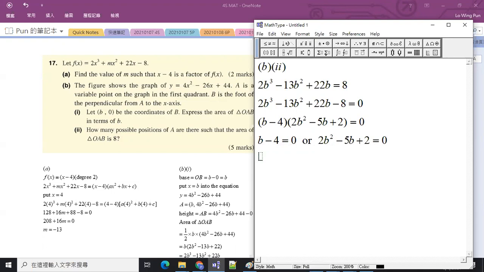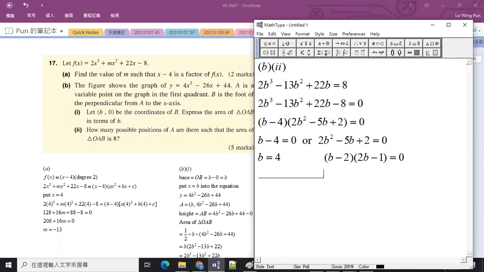And then from the first part, we can say that b is equal to 4, right? And then for the second part, it is a simple quadratic equation. Then you may use the cross method, or you can use the calculator program 1 to help you. Okay, so I am going to use the cross method. And then I factorize the left hand side to be 2 brackets.